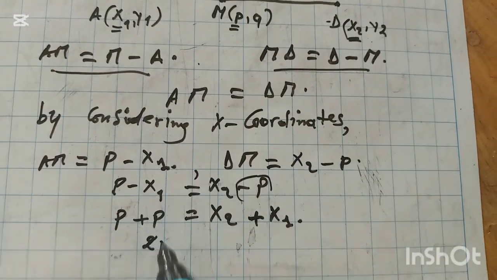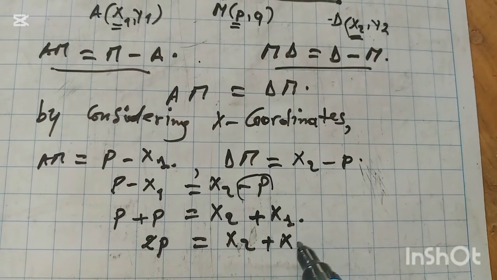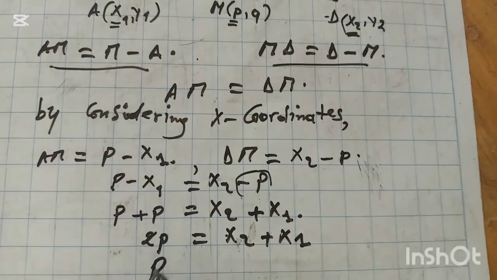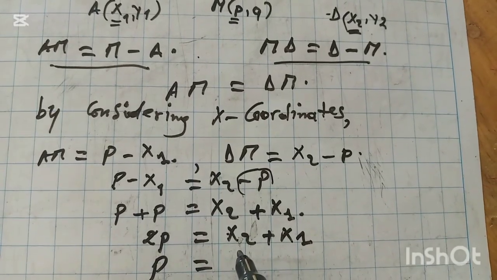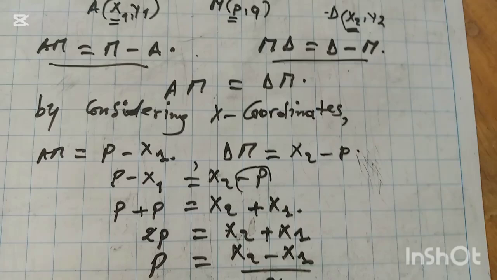So we have 2P, which is equal to x2 plus x1. Then our P will be x2 plus x1 divided by 2.